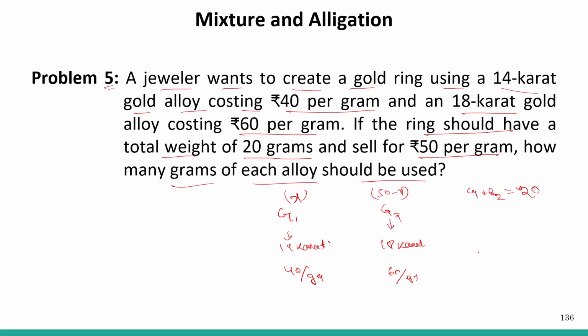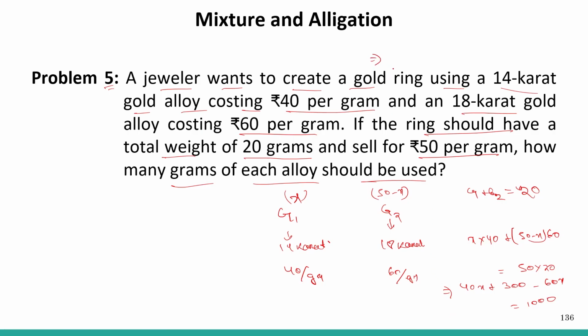So x into 40 plus 50 minus x into 60 is equal to the given 50 into 20. We can arrive at this algebraic equation. So it will be 40x plus 300 minus 60x is equal to 1000, right?